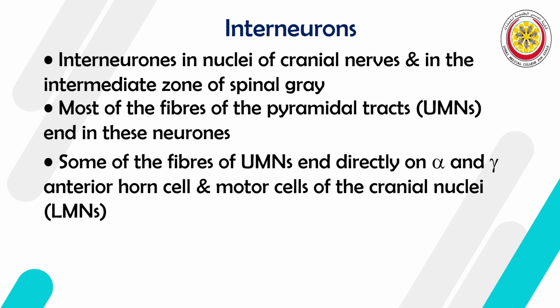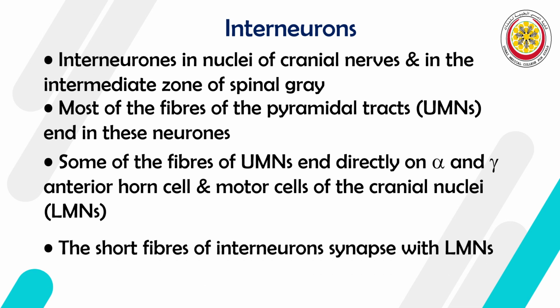Most of the fibers of the pyramidal tracts end in interneurons. They do not end in the anterior horn cells, the motor cells. They end in interneurons, and then from the interneurons to anterior horn cells.